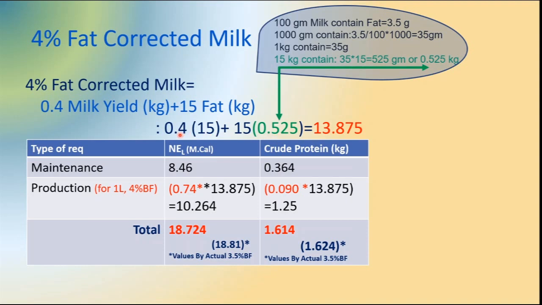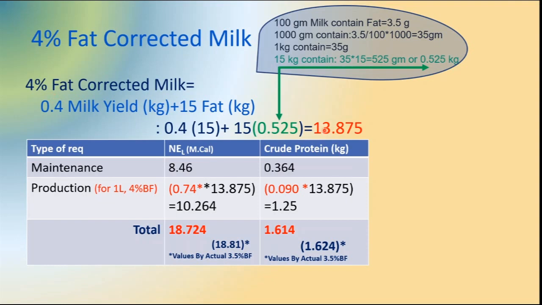So now solve this: 0.4 times the quantity of milk plus 15 times the quantity of fat, and we get a figure of 13.875. So now this animal has 13.875 liter of milk production with 4% fat.